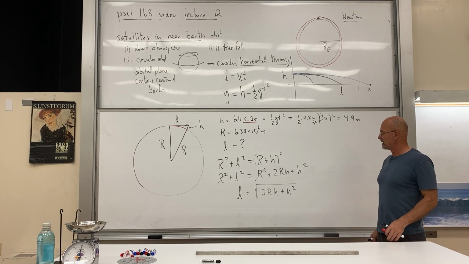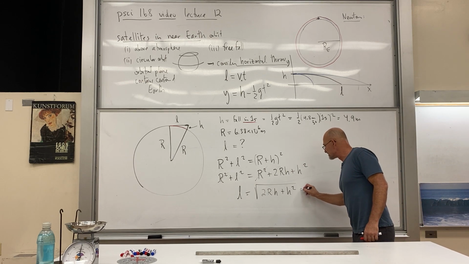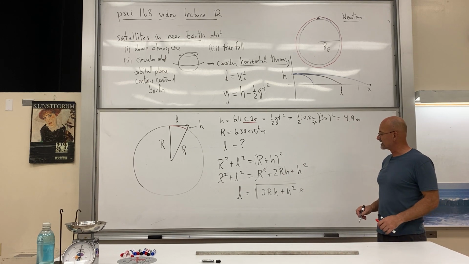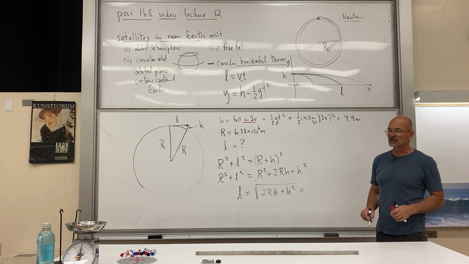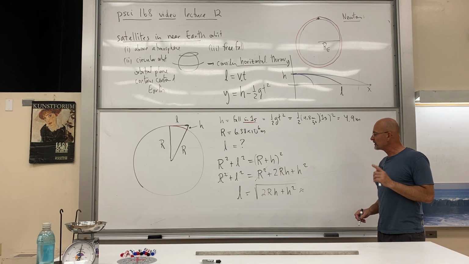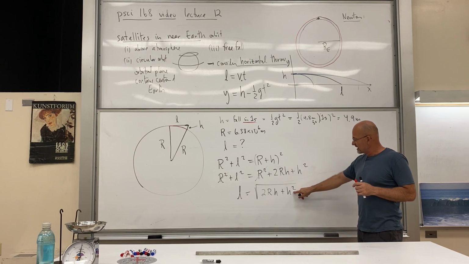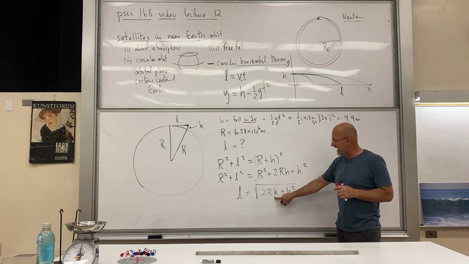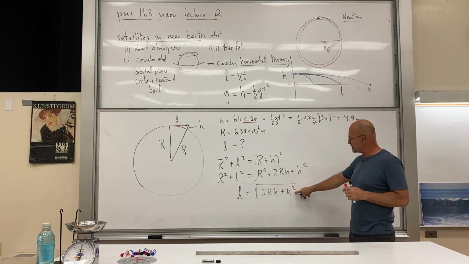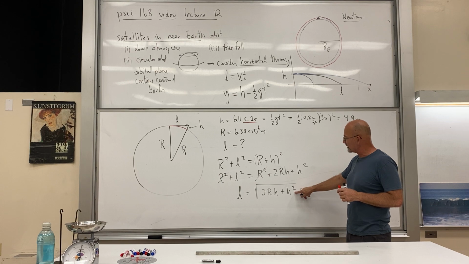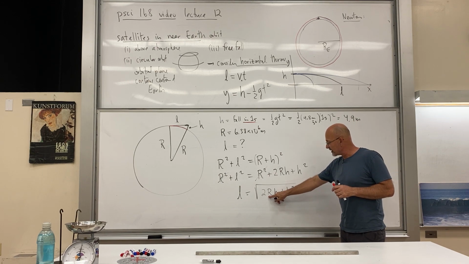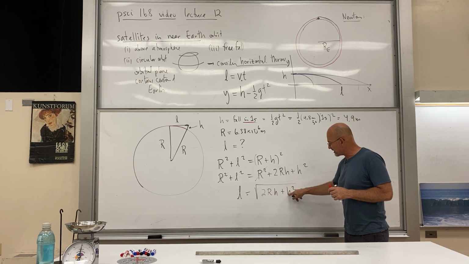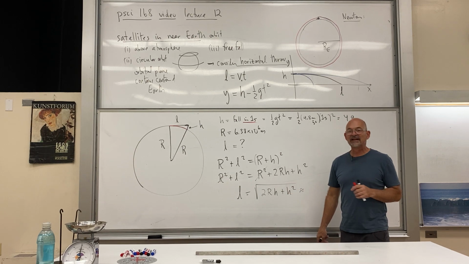I'm going to put an approximate sign here, but this answer is actually an exact one. Turns out we can drop the H squared compared to the 2RH term here, because H is 4.9 meters, and the R we're comparing to is 6 million meters.